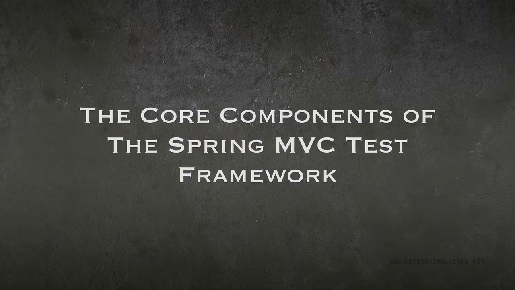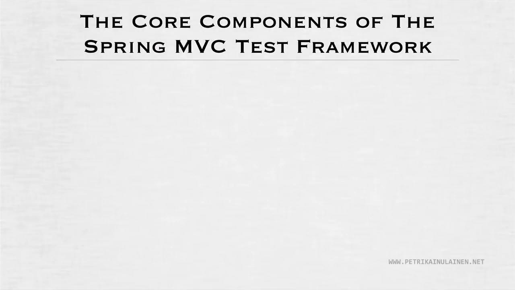Let's take a quick look at the core components of the Spring MVC Test Framework and see what role these components play in our unit tests. Every unit test which tests the behavior of a controller method consists of two steps. 1.